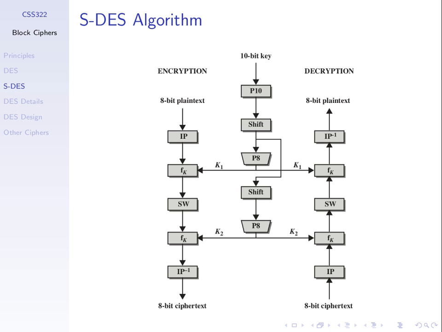And we're going to take some other bits from the shift, do another shift, P8, and get round key 2. We're going to go through this in an example to show all these specific operations, just a summary at the moment. So we need to generate the two round keys using these steps, K1 and K2.